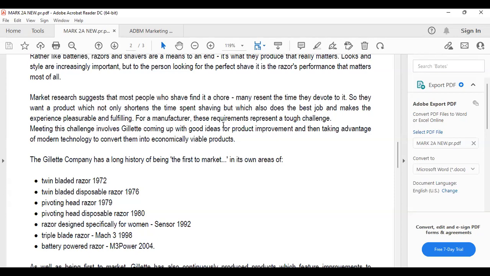So for a manufacturer, these requirements represent a tough challenge. Now, this is what I want you to catch. Meeting this challenge involves Gillette coming up with good ideas for product improvement, and then taking advantage of modern technology to convert them into economically viable products.